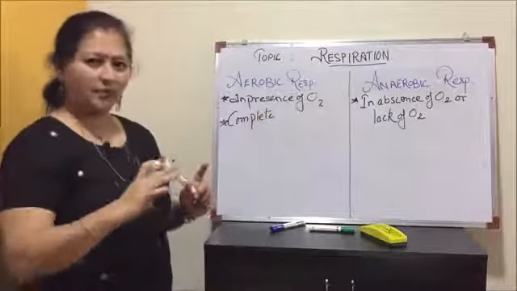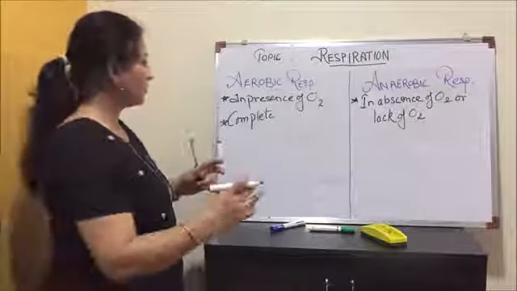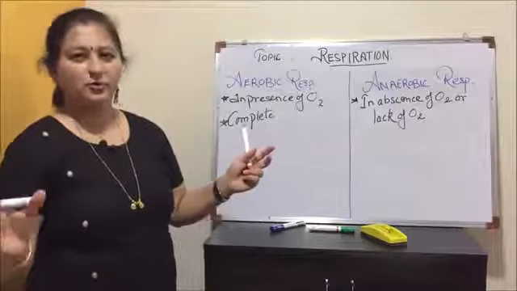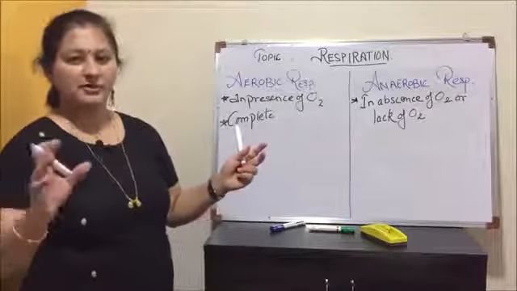Carbohydrate is nothing but a chain of hydrocarbons, right? It's a big chain of hydrocarbon, so we call them polymers. It breaks down and releases energy. So when all the 6 carbon bonds of glucose, C6H12O6, break down, it releases energy, right?